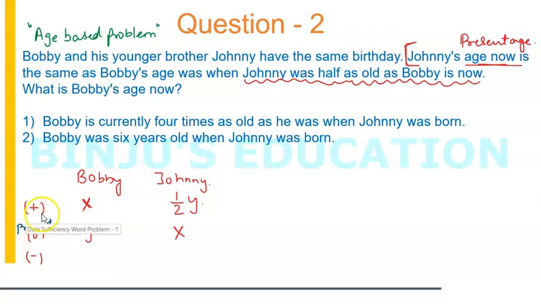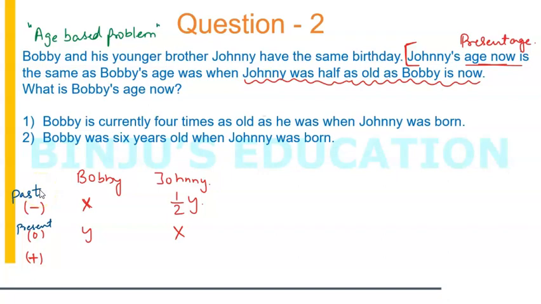Instead of plus, I should have used a minus here because we were talking about the past age. But I guess the concept is clear, right? I just made a mistake with the sign. I have put the values in front of positive instead of negative.